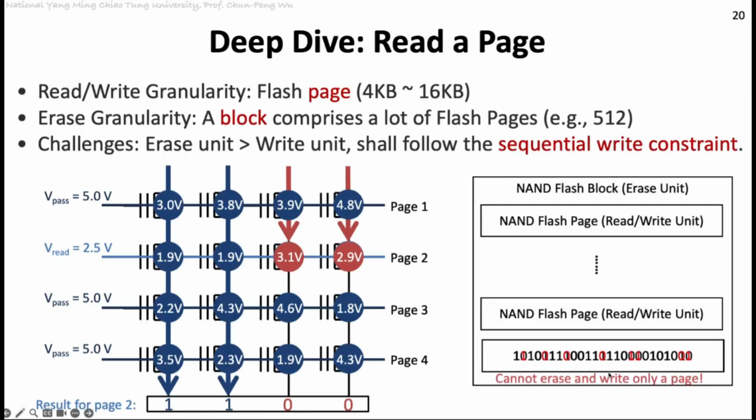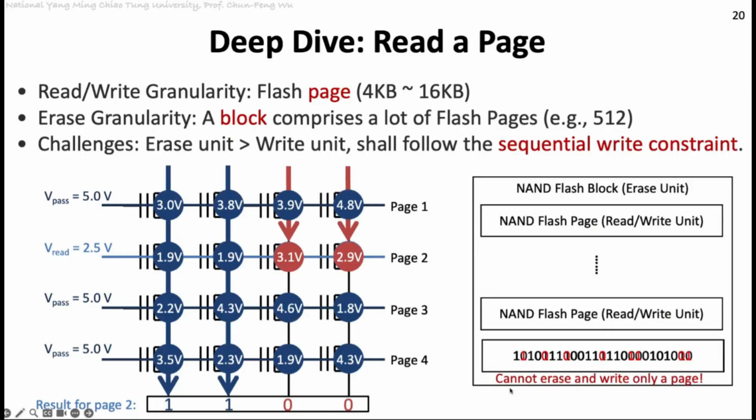Now, if we are going to modify a bit, adjust it from 0 to 1, or from 1 to 0, actually we cannot erase and write only one page. The reason is we should erase the whole block. So it is not efficient if we only modify one page and erase the whole block, because there are 512 pages in the block.